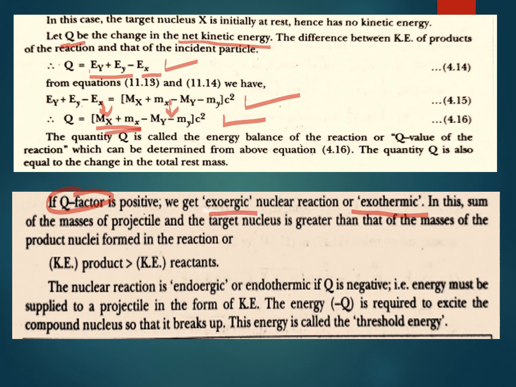It means the kinetic energy of the reactants is less than the kinetic energy of the products for Q positive. If Q is negative, these two terms should be less than these two terms, because these are the negative ones. In that case, if the kinetic energy of the product is greater than the kinetic energy of the reactants, then definitely you can say that Q is negative, and this type of reaction is called endoenergic.